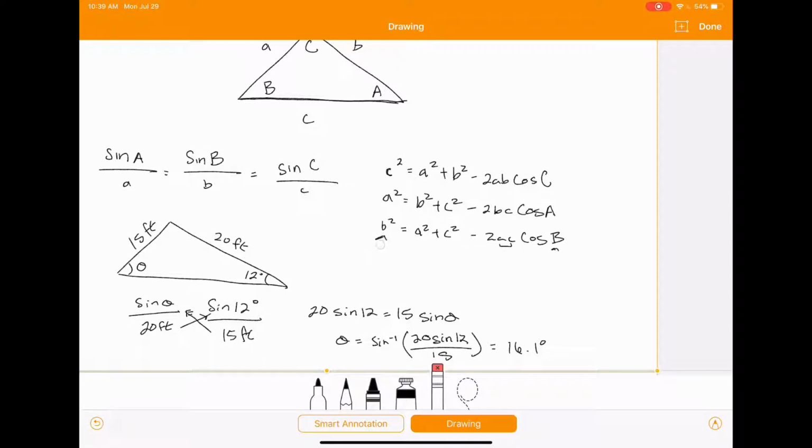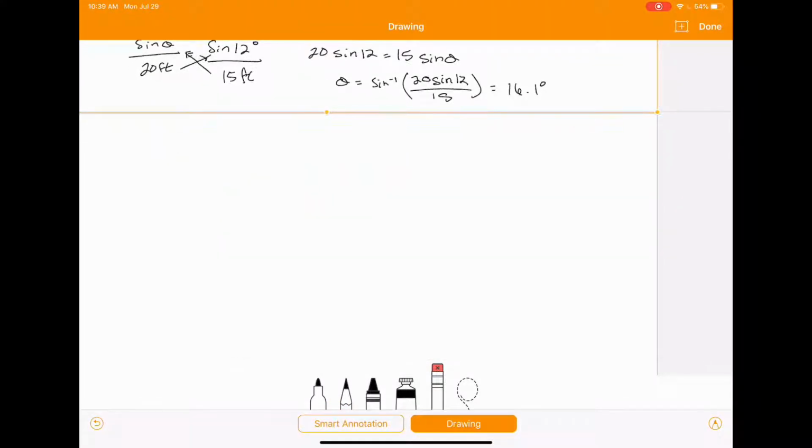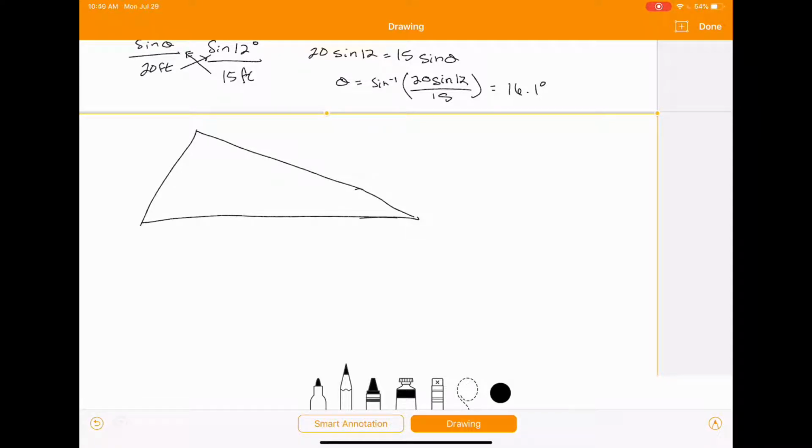So if we run through an example of the law of cosines really fast, let's just say we've got some triangle, and we'll just say this is 100 feet, 75 feet, and 30 feet, and we want to find this angle theta there.